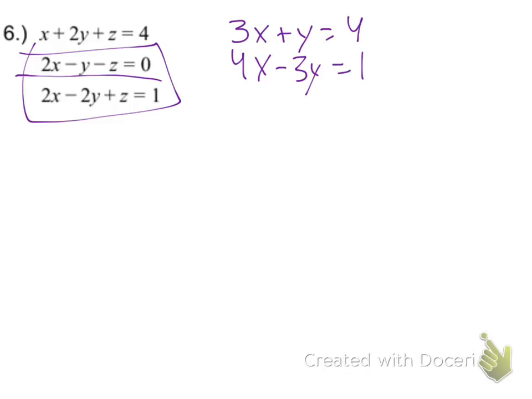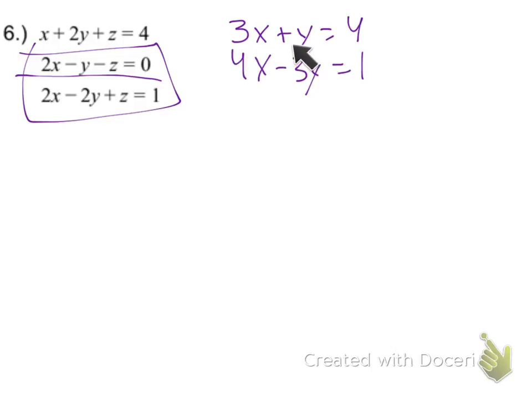At this point, I could get rid of the x's or I could get rid of the y's. If I chose to get rid of the x's, I would actually have to multiply both equations by something, right? I would have to multiply the top equation by a 4 and the bottom one by a 3, and then one of them would have to be negative.